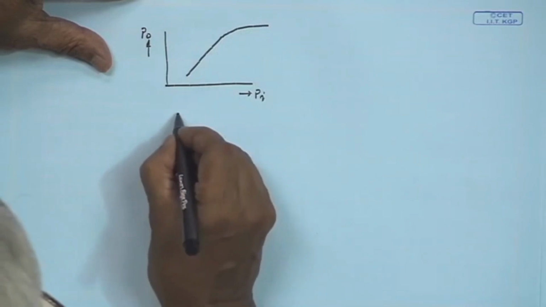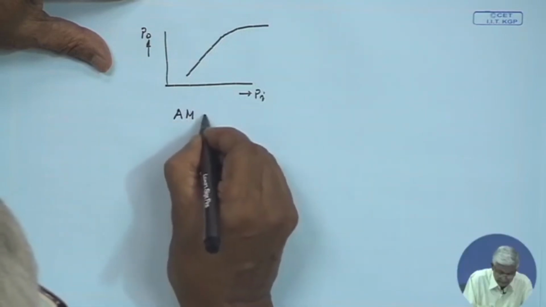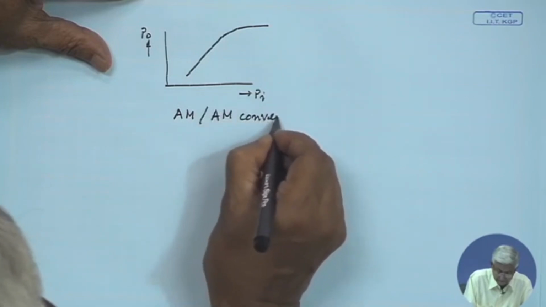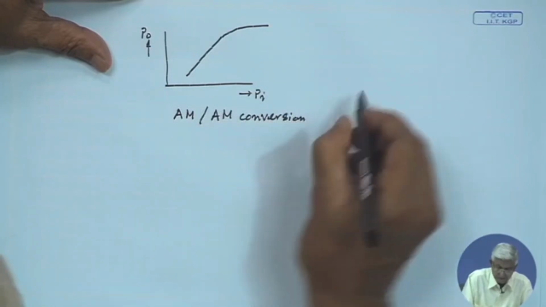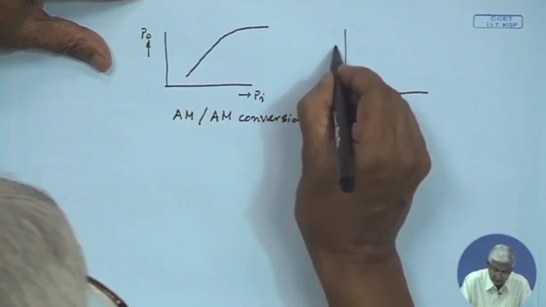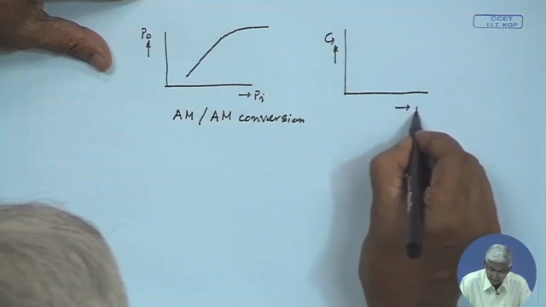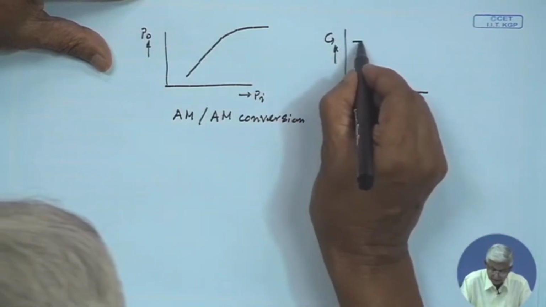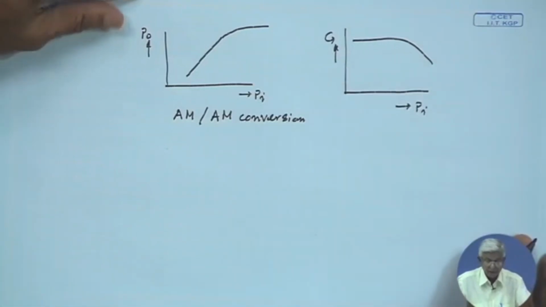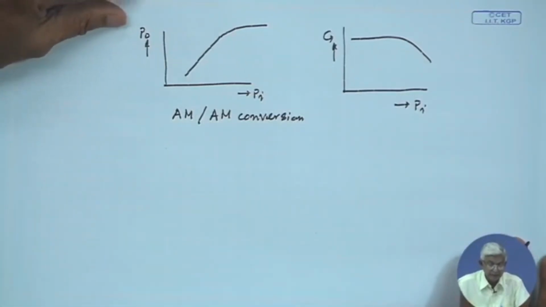This one is termed as AM to AM conversion. Similarly, we have seen there is gain compression. If there is gain on this side and power in on this side, initially there is a constant gain, then the gain will start falling when the 1 dB compression point comes and beyond that.